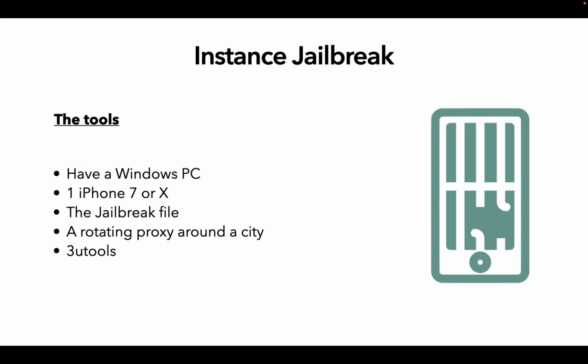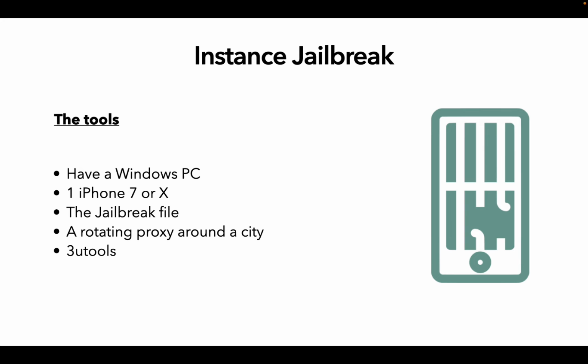So you're going to need a Windows PC, an iPhone X, just one iPhone, mind you, just one iPhone for lots of accounts. We'll see why later. You'll also need a jailbreak file that will actually launch the jailbreak on your iPhone, making sure it's jailbroken.